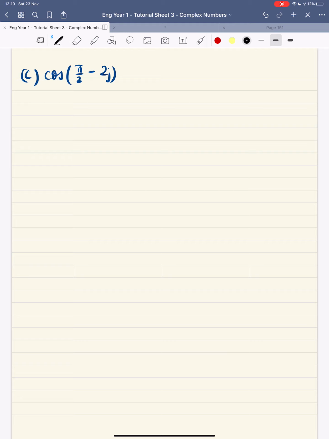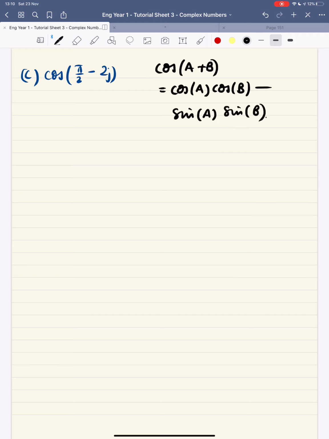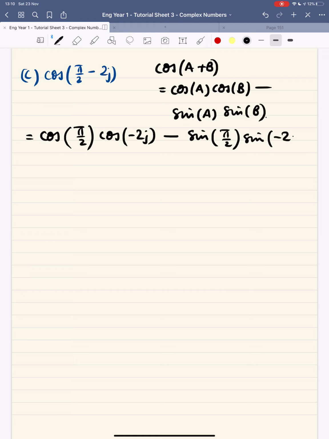This one, the rule we're going to use is cos of A plus B equals cos A cos B minus sine A sine B. So this is going to be cos pi by 2 cos minus 2j minus sine pi by 2 sine minus 2j. Cos of pi by 2 is 0. Sine of pi by 2 is 1. So it's going to be minus 1 times sine of minus 2j.